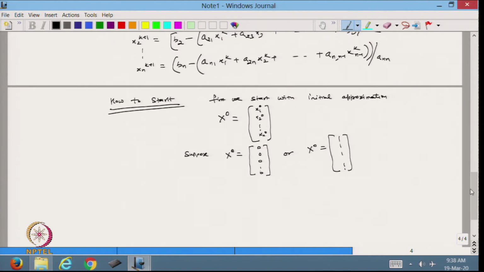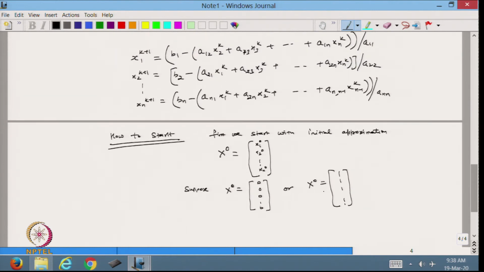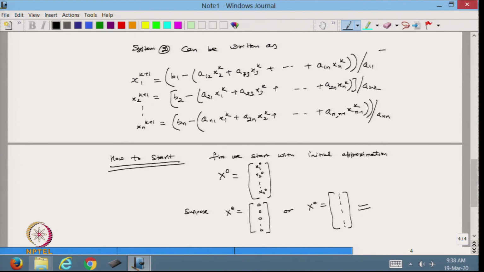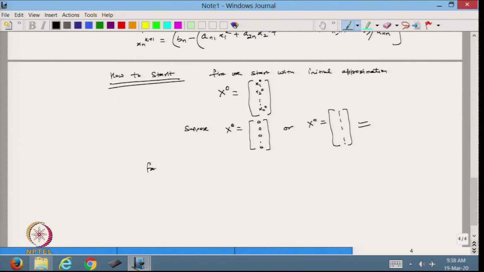So this is my initial approximation, and then I will put this value here and find the new value of x1. So this is my iterative process. From iterative process 3, we input x naught and we get x1.